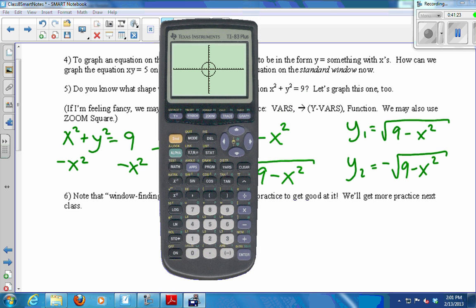And it's always a little bit of trial and error. So you're going to have to start with a guess, whether it's -10 to 10, -10 to 10, or you might have some other guess if your equation represents a real life thing, right? If x is representing time, you might start at 0, right, instead of looking at negatives.